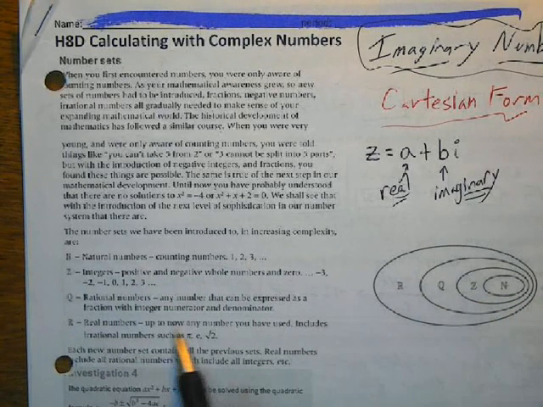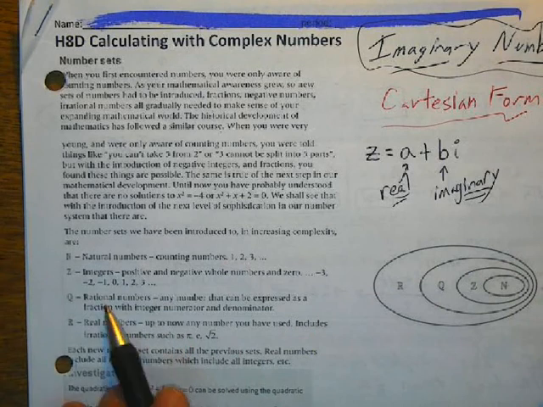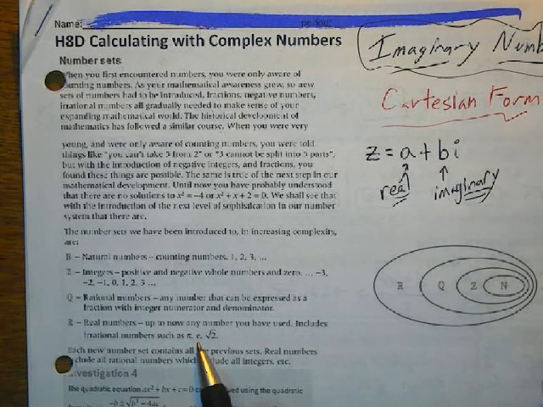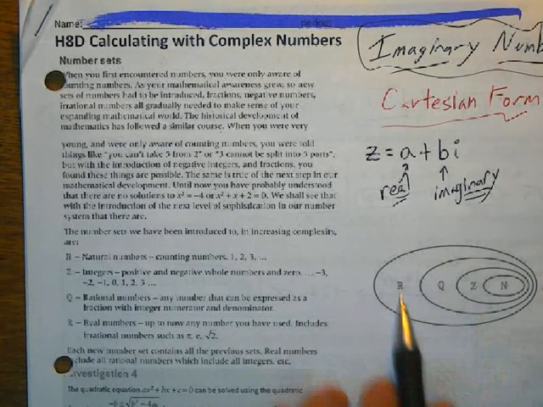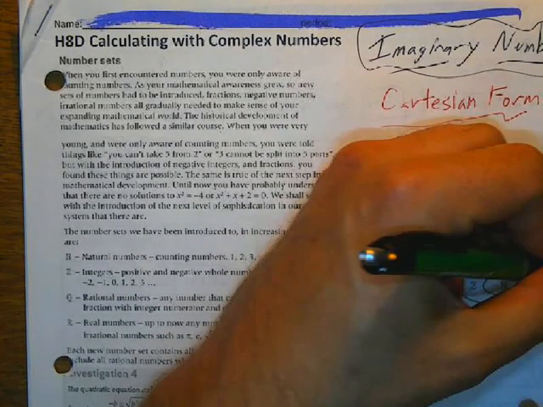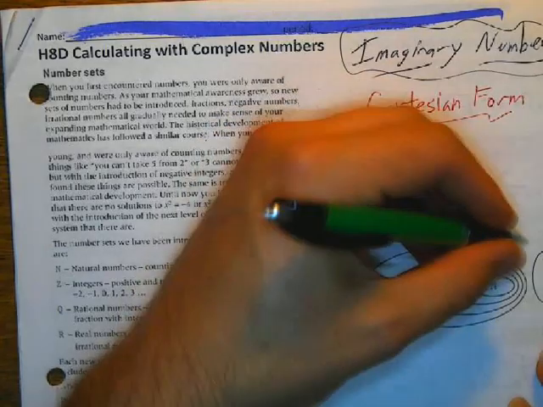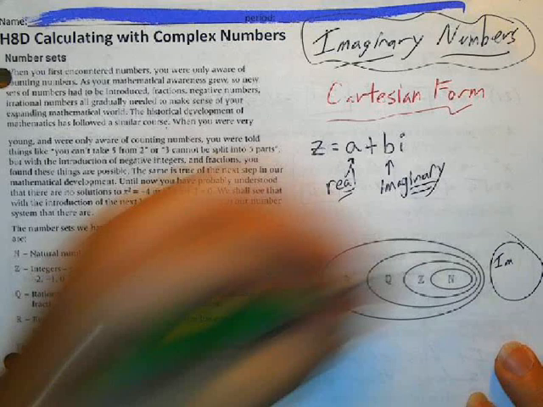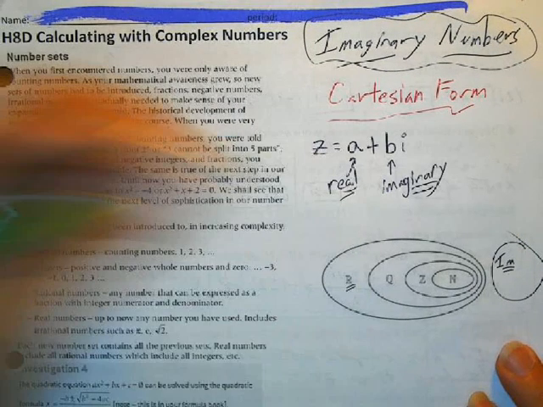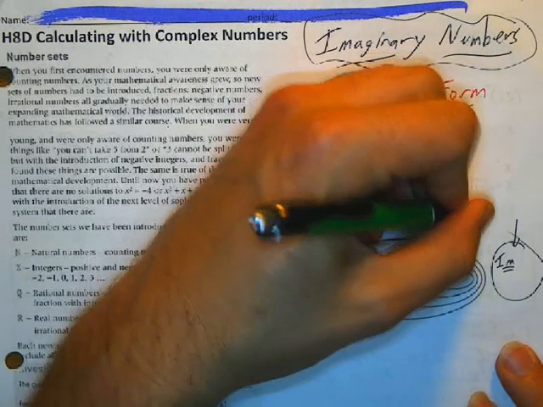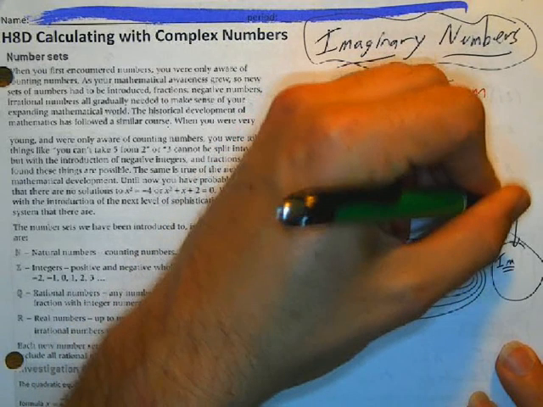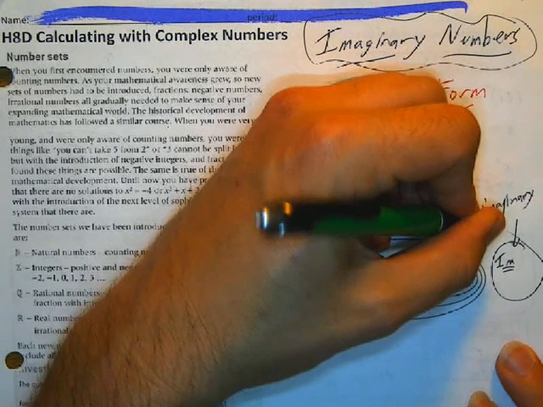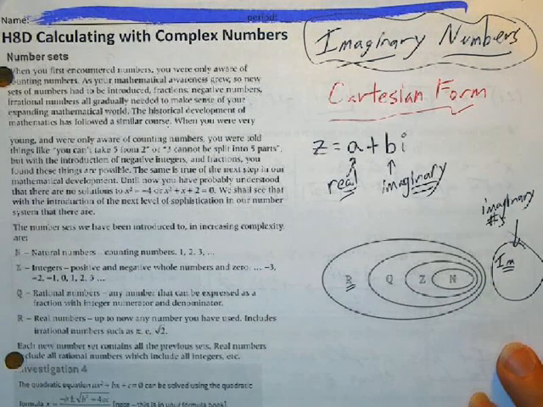Real numbers include values that are not rational, that don't have an end and don't have a pattern. But we've never talked about imaginary numbers. I'm just going to write IM here for imaginary, and we'll go into that in greater detail.